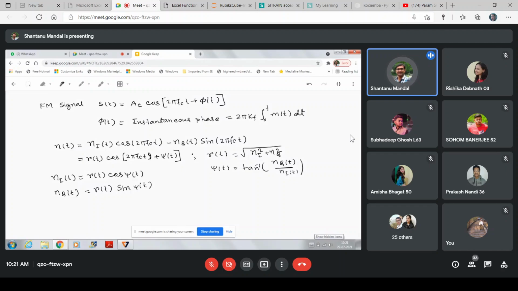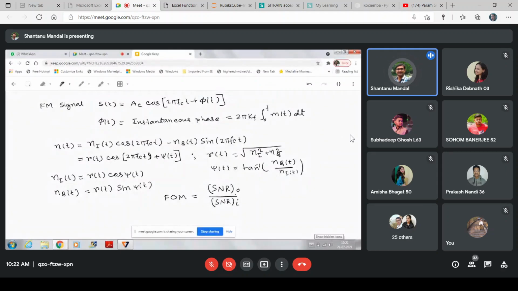The figure of merit equals SNR output divided by SNR input. To determine the SNR output, we have to calculate the signal at the output of the FM receiver. So the FOM, the figure of merit, equals the SNR output by the SNR input.